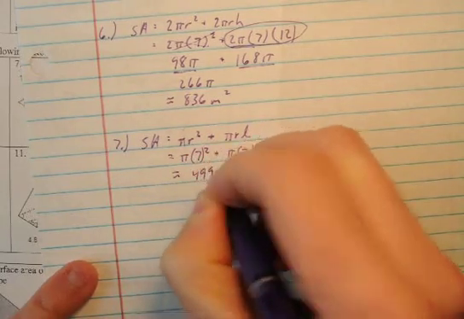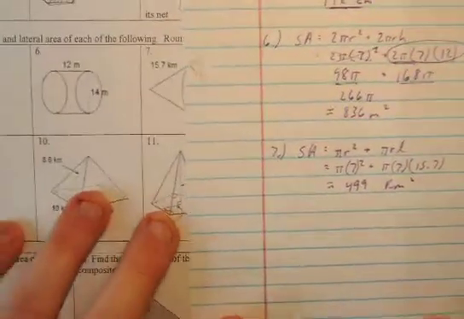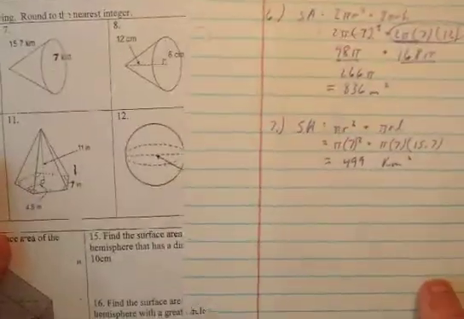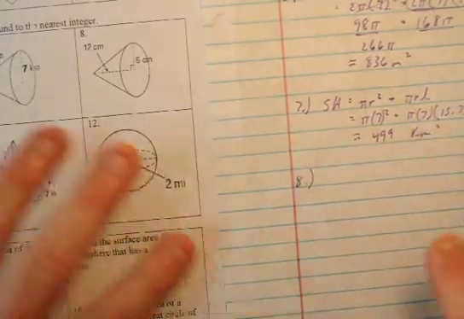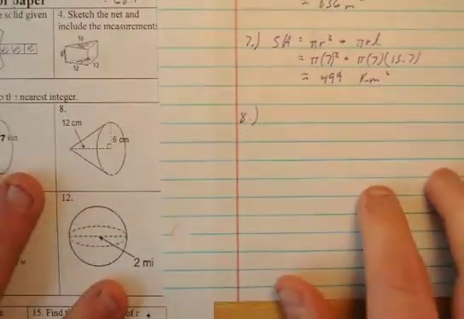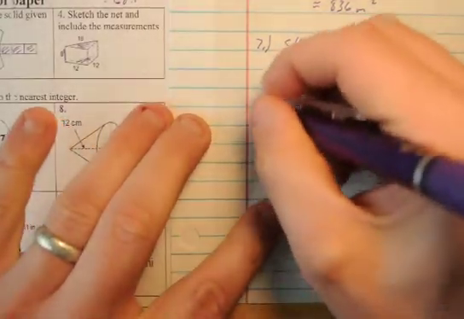Approximately 499 kilometers squared. Number 8. For number 8, we got ourselves another cone. I'm going to leave that for you guys to do because it's basically the same problem as number 7.